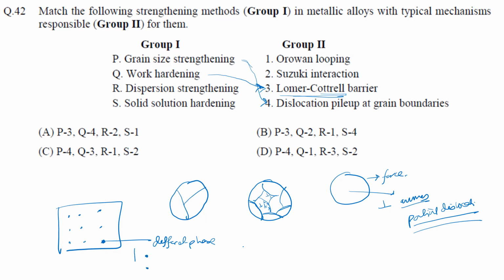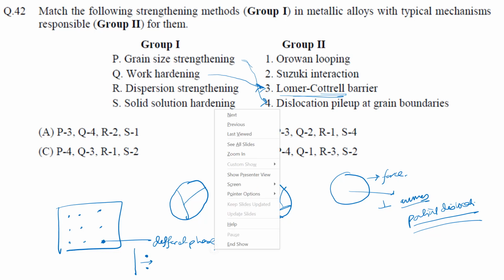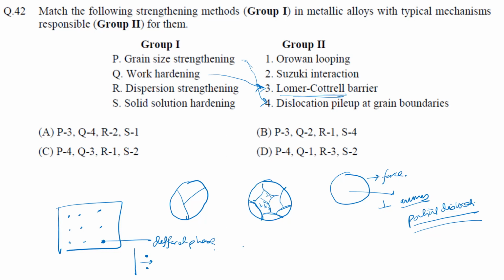So when a dislocation moves, suppose it is not able to cut the particle, then it will bend, it will curl over here, or it will form a loop. This loop is called Orowan looping. Okay, so this will match with 1.